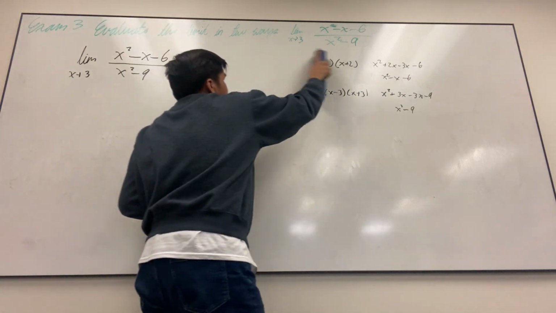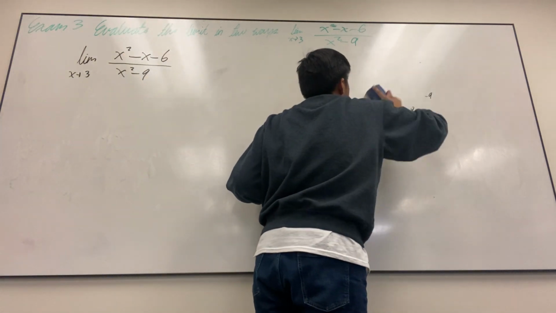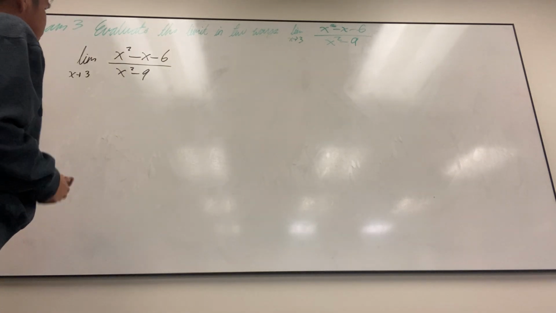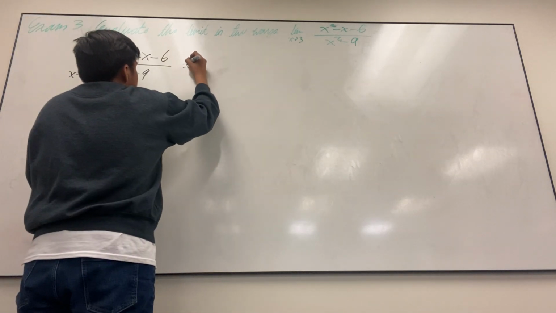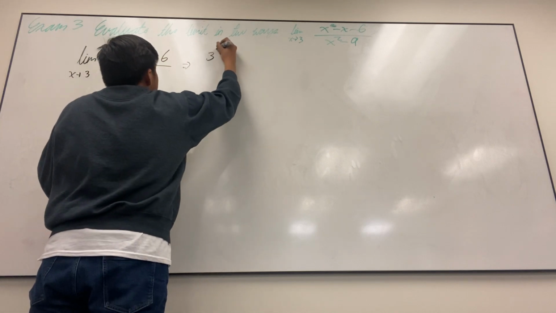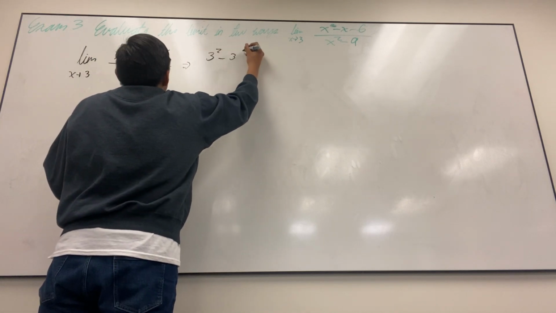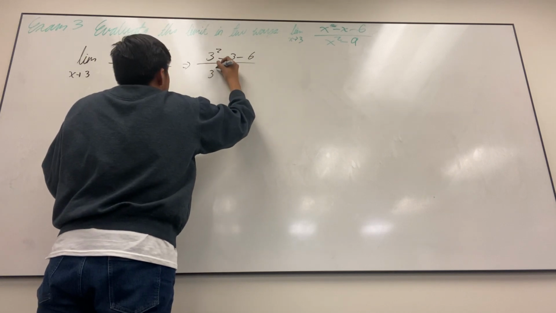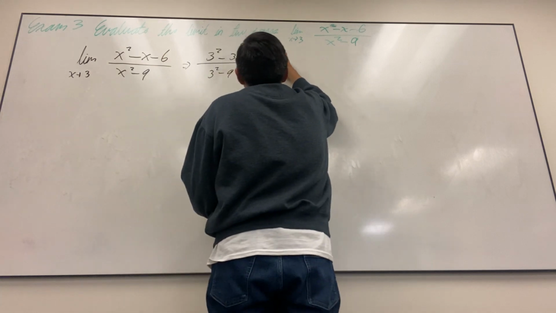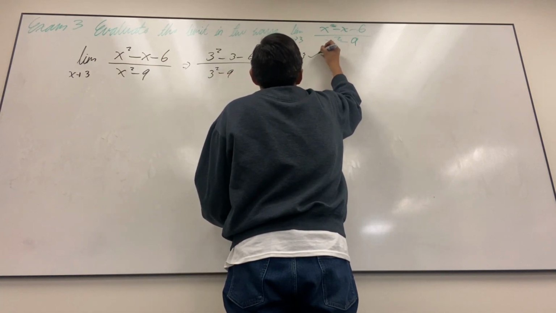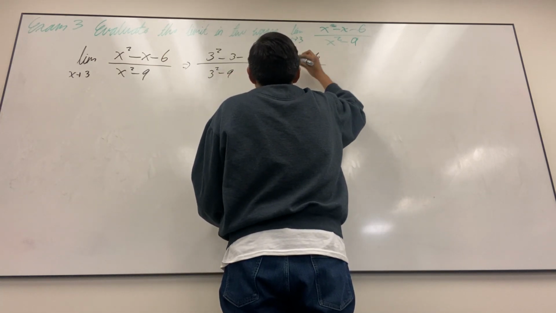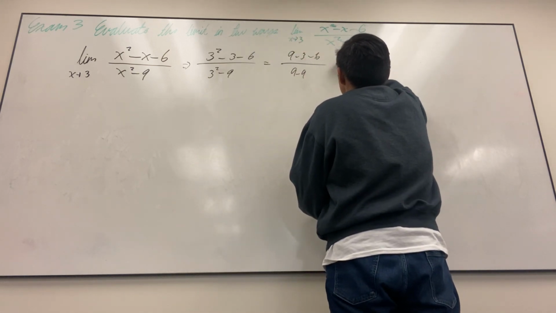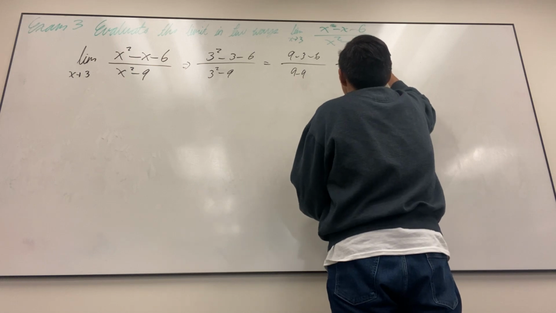Now we'll find the second way, using L'Hopital's rule. Because if you use direct substitution with the given equation, you're going to have 0 over 0, which is the indeterminate form. I should have done that first, but we'll do it now. With direct substitution, we have 9 minus 3 minus 6 over 9 minus 9, which is 0 over 0.